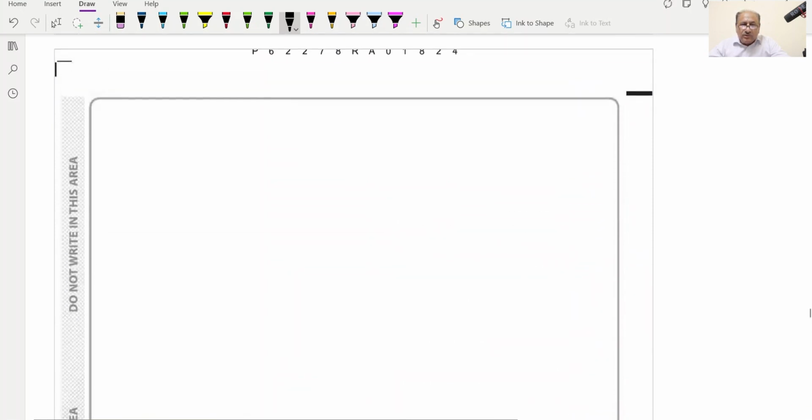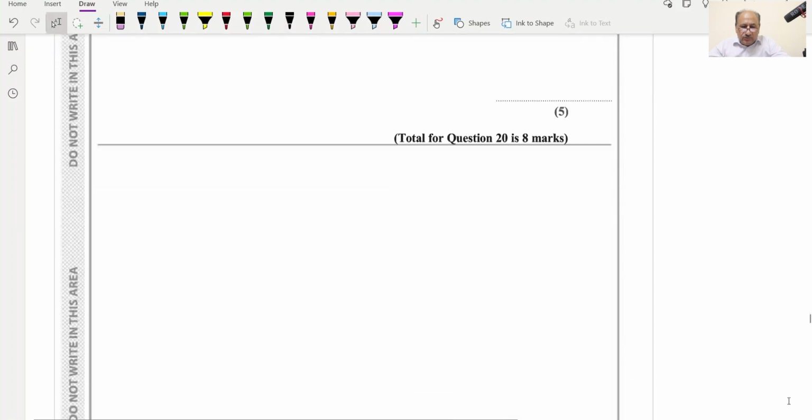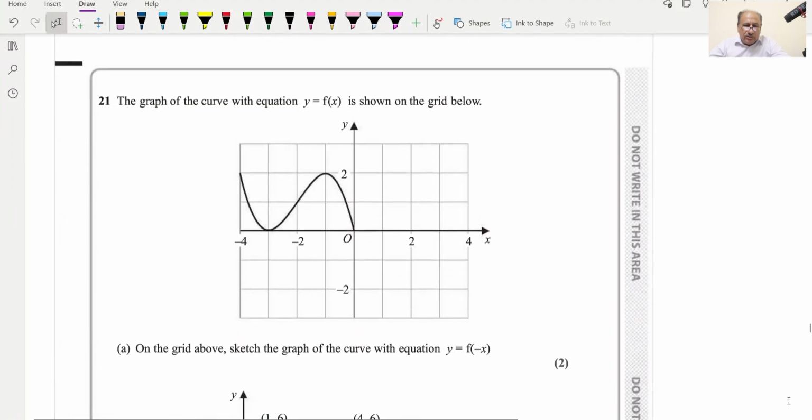Now we are moving to question number 21, and question 21 says the graph of the curve with equation y is equal to f of x is shown on the grid below. In part A, on the grid above, sketch the graph of the curve with equation y is equal to f of minus x.